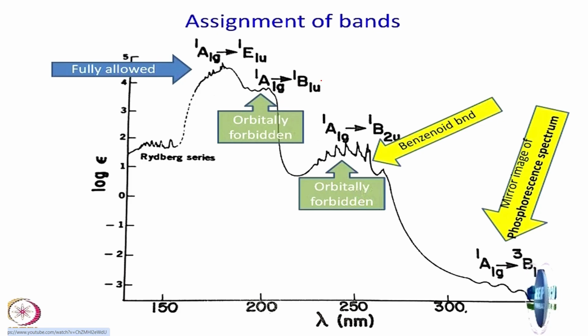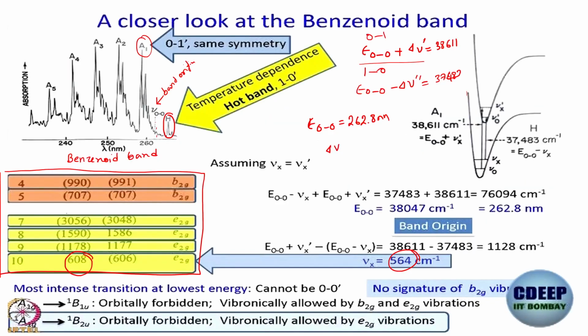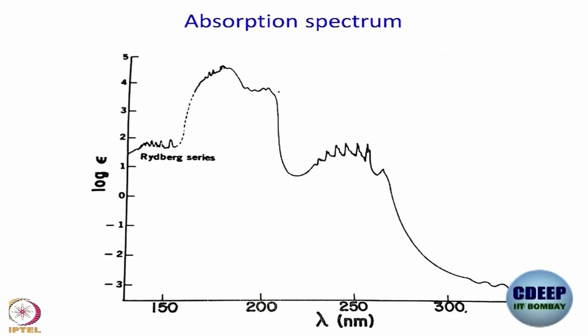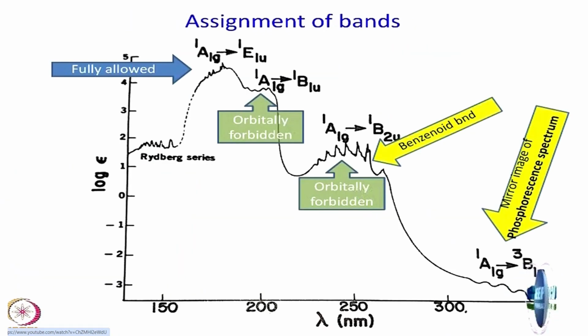This was also orbitally forbidden, but vibronically allowed. This was done by some E2G vibration, right? And this is your benzenoid band.